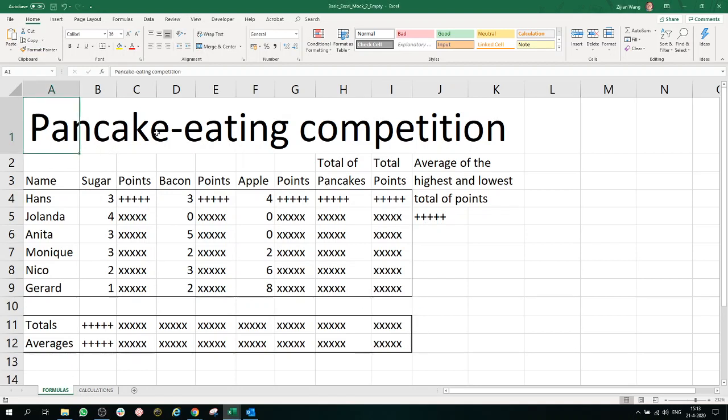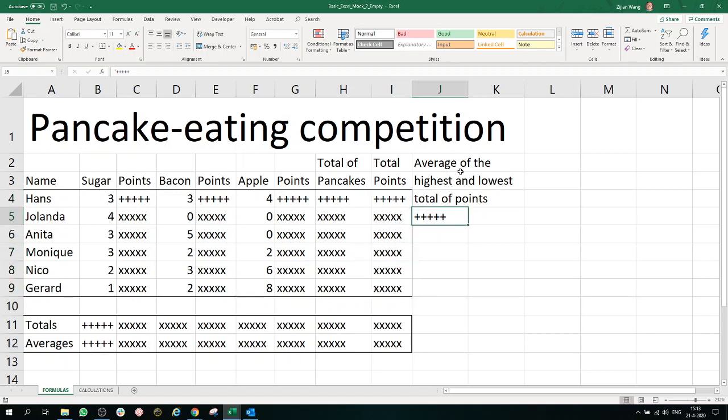It's a pancake eating competition with three types of pancakes, and you can get certain points if you finish a certain amount of pancakes, and these are probably competitors, and we have a total amount of pancakes and total amount of points.